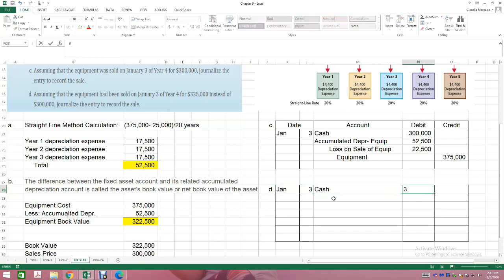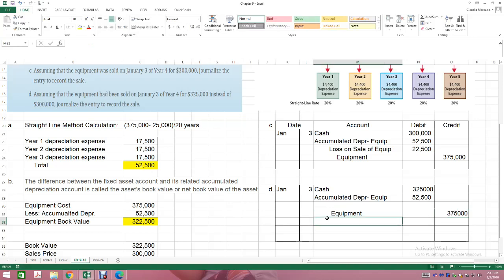Well, we sold the piece of equipment for $325,000. Remember, we always have to clear the accumulated depreciation that we have for the corresponding asset. And we had accumulated depreciation of $52,500. I'm going to skip a line, and then I'm going to put my equipment. The equipment was in my books for $375,000.